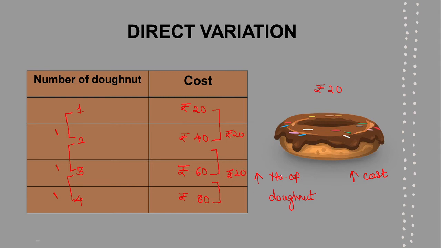Nowhere did it happen that when you took 2 donuts it is 40, and when you took 3, he is charging something like rupees 10. No. When you go on increasing the number of donuts by 1, in the same proportion the cost is also going to increase. So in the same proportion the changes are occurring. If you increase the number of donuts, the cost is also going to increase in the same proportion.